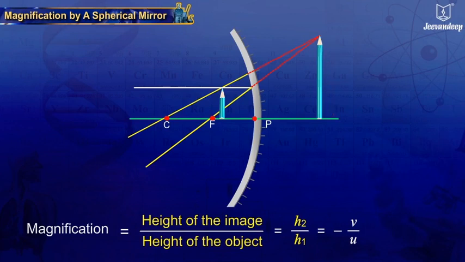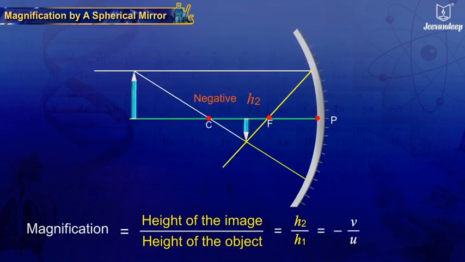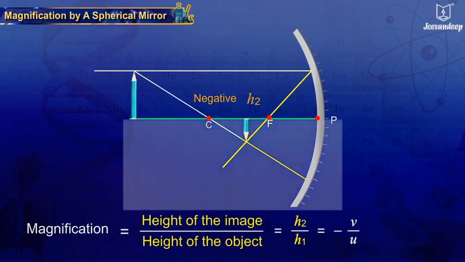As the object is usually placed above the principal axis, h1 is taken as positive. h2 is taken as positive for a virtual image, being above the principal axis, and negative for a real image, being below the principal axis.